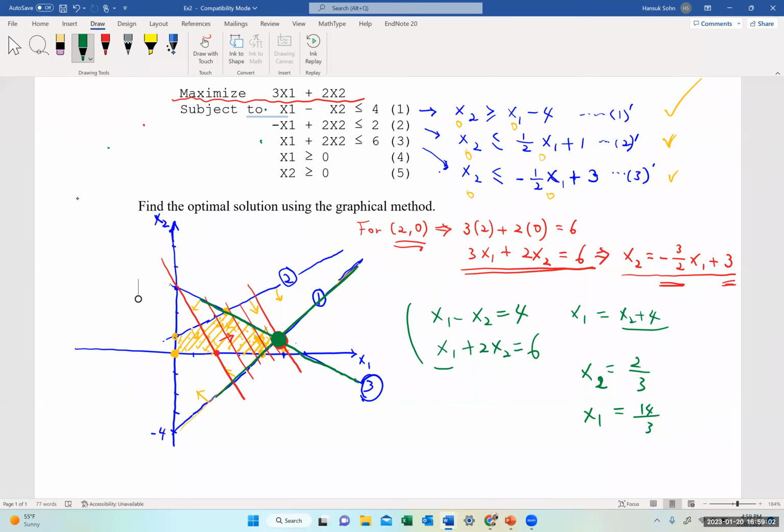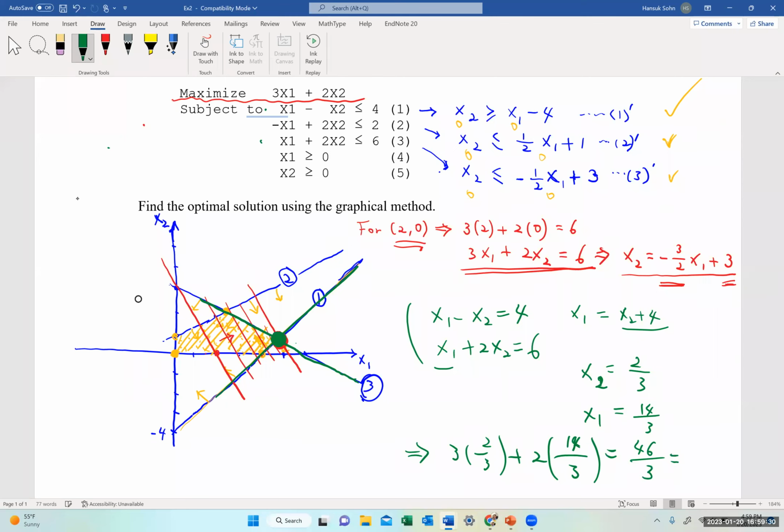So the corresponding optimal objective function value is going to be 3 times 14/3 plus 2 times 2/3. How much is that? It's 46/3.